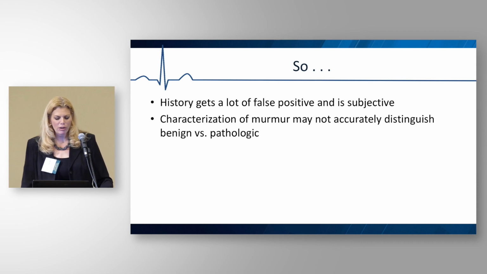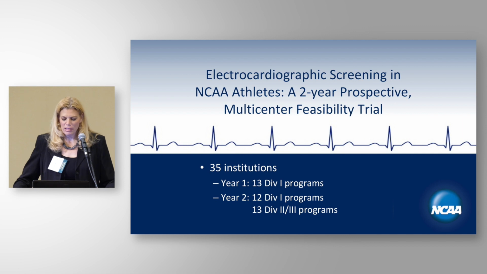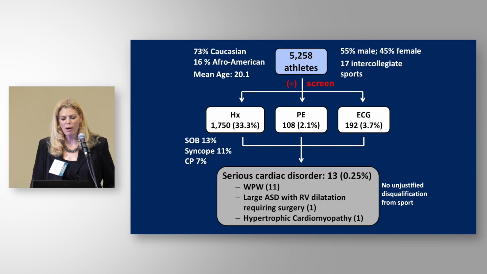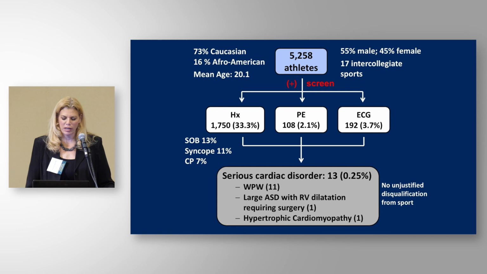So what about ECG? Well, when we look at some of our data from ECG, in this prospective trial over 2 years where we looked at 35 different NCAA institutions, we screened about 5,000 athletes, and about 33% just out of the gate answered positively to one of the history questions. About 2.1% had some sort of physical exam abnormality, and about 3.7% had an ECG abnormality.